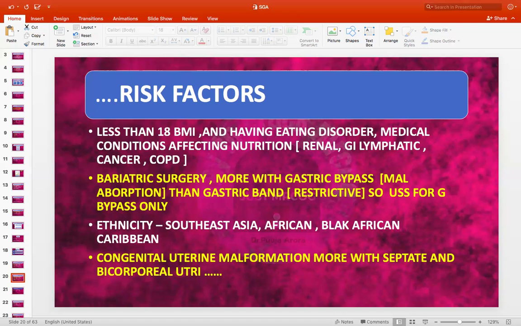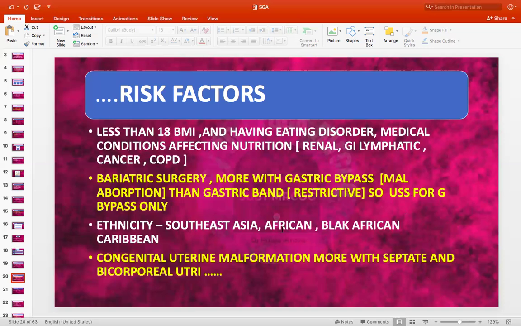One where there is malabsorption, that is gastric bypass, and second is restrictive, when there is a gastric band. Gastric bypass is more at risk for FGR or SGA. So we offer ultrasound surveillance for gastric bypass.